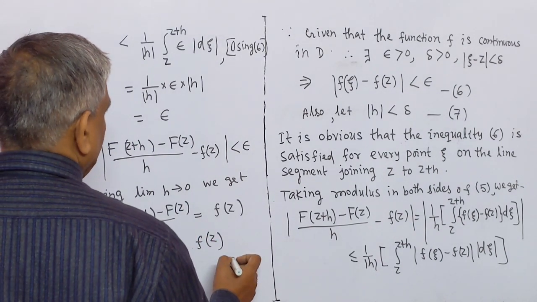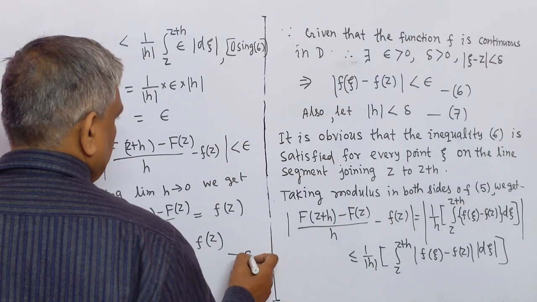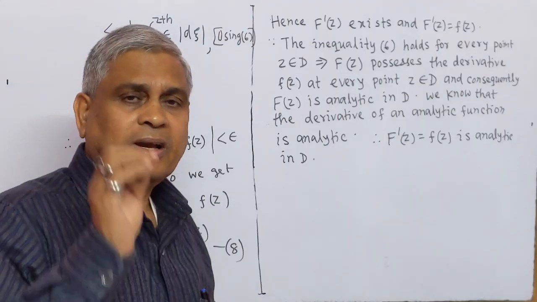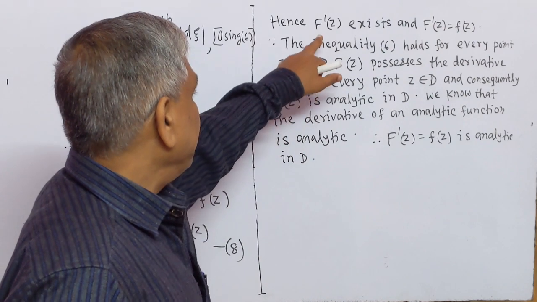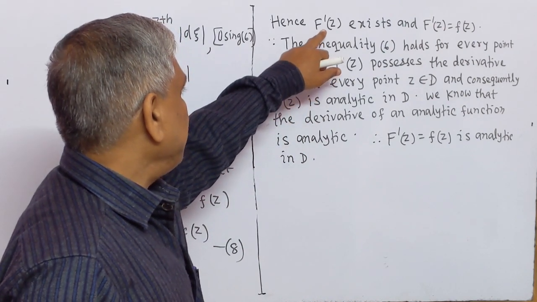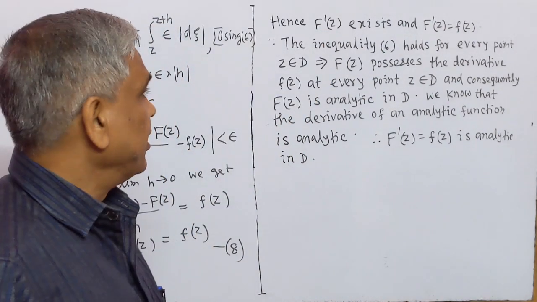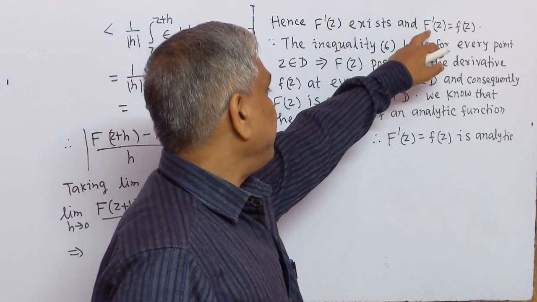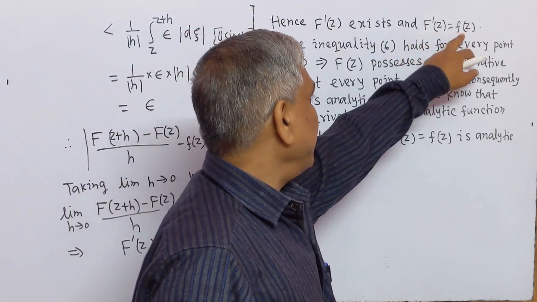Let this be number 8. Hence, the derivative of capital F(z) exists and equals small f(z).